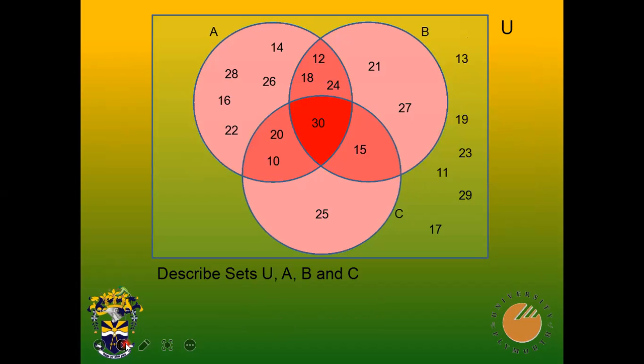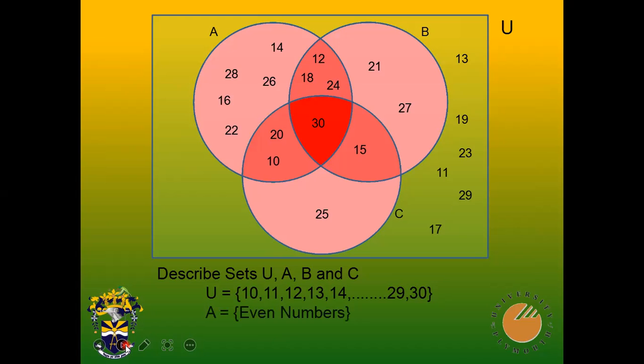Actually, 1 to 30 serial numbers. That means the smallest element will be 10 and the largest element will be 30. So universal set U equals 10 to 30: 10, 11, 12 to 30.